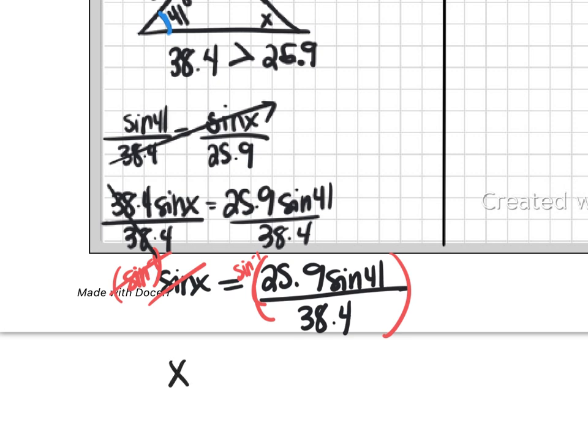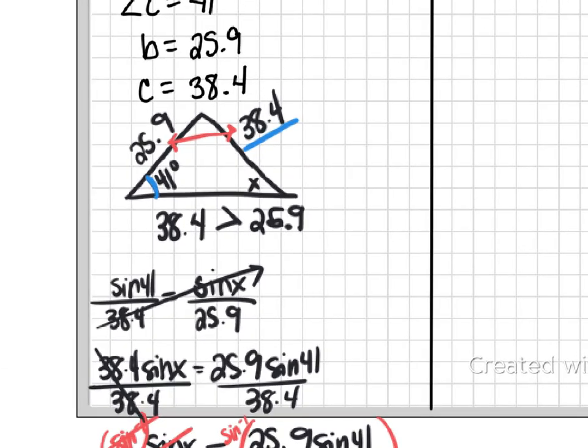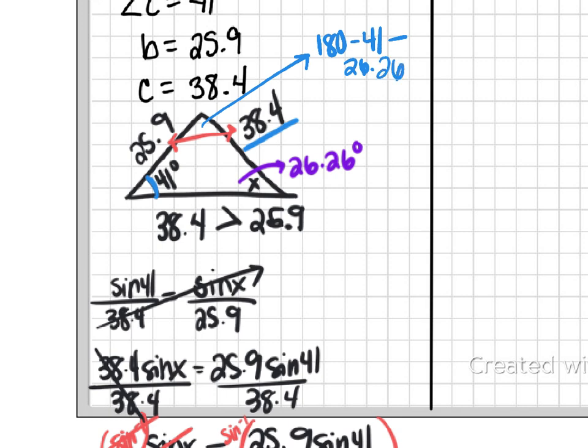So x equals about 26.26 degrees. I can plug that in here. I can find the third angle just by doing subtraction: 180 minus 41 minus 26.26, which will give me the measure of this top angle.